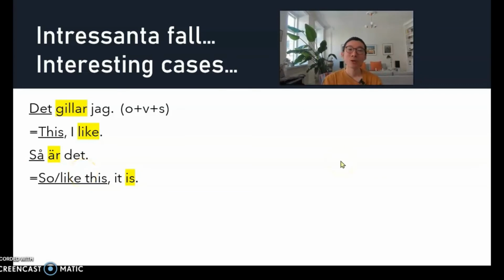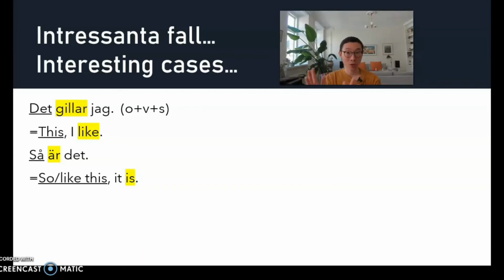But let's not confuse så in this case with the other case, because så is also used in Swedish as a conjunction to explain the consequence of something. For example, when you say jag är sjuk, så jag kan inte komma. I am sick, so I cannot come.